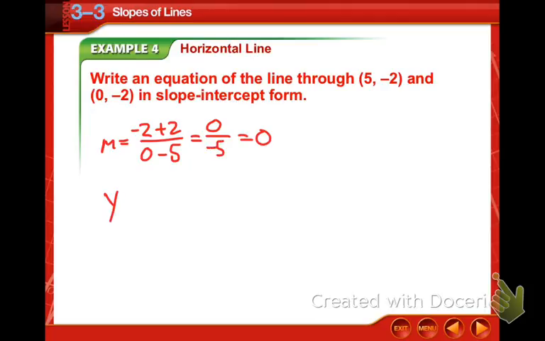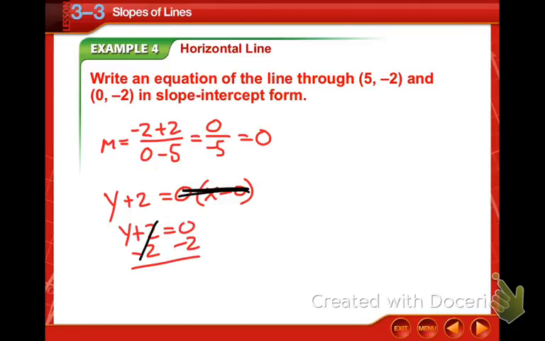So when we plug that in, y minus negative 2, so y plus 2, equal to slope of 0 times x minus 0. All the stuff on the right is going to cancel, and we're left with y plus 2 equals 0. So we subtract 2, and y is equal to negative 2.